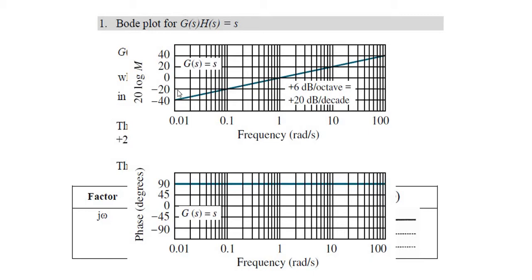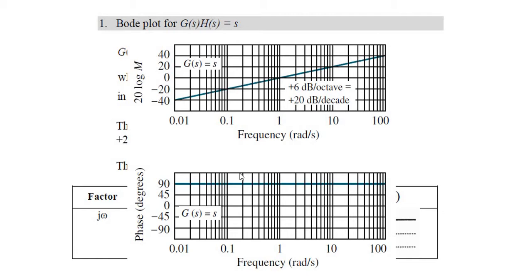To get that 20 dB, you just need to check from the scale, the scale before or after, and make sure that the slope goes from minus 20 here up to 0 here, so this is actually 20 dB.